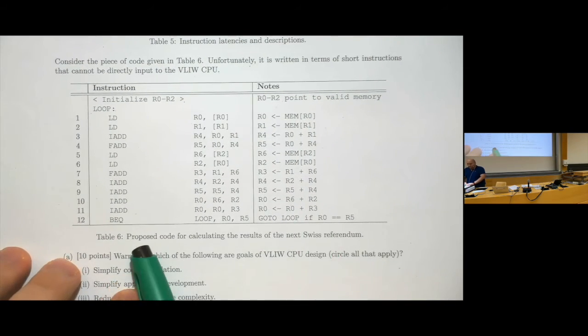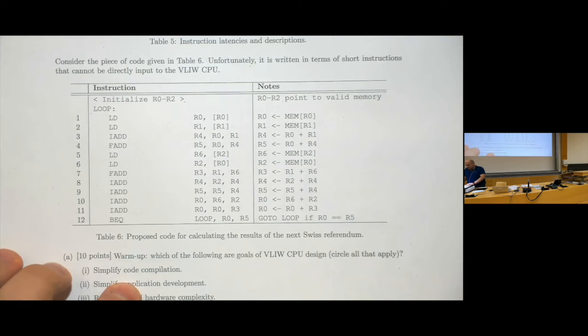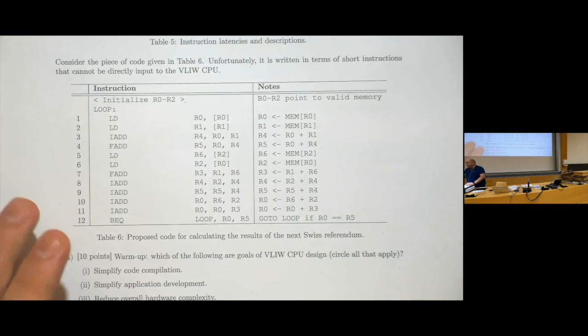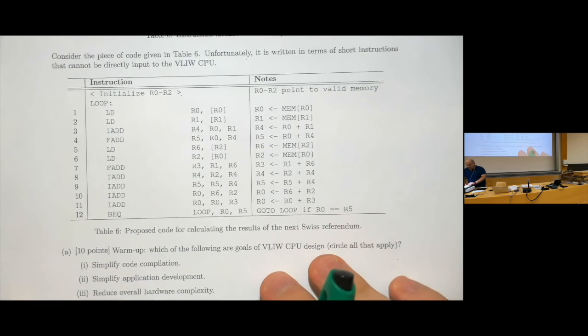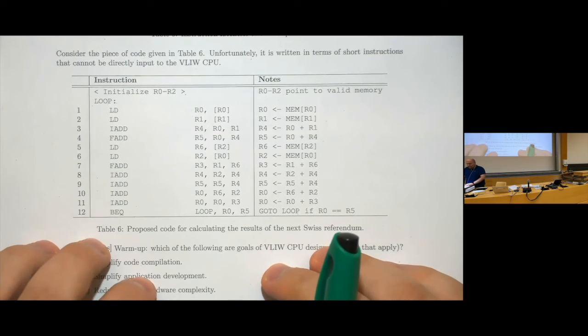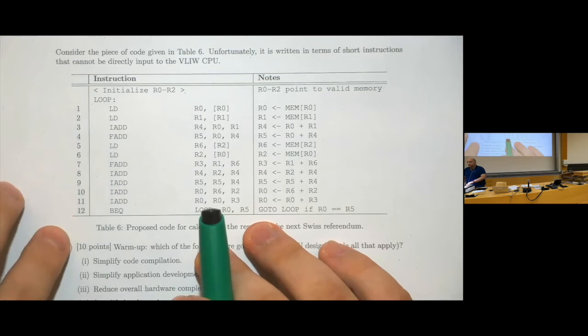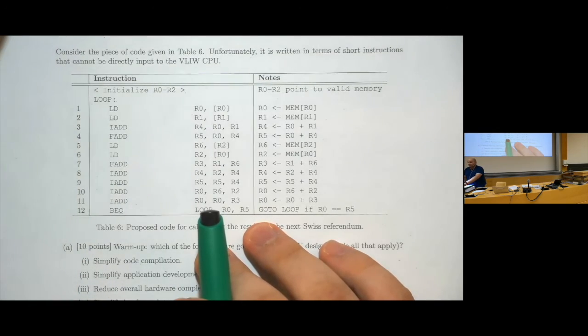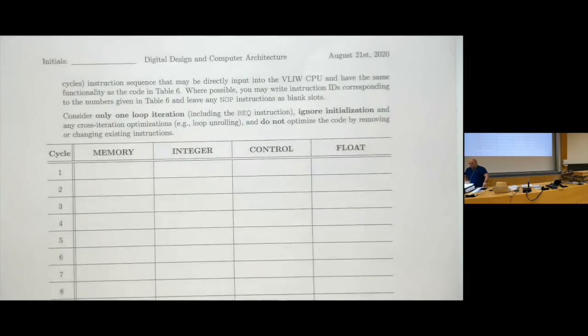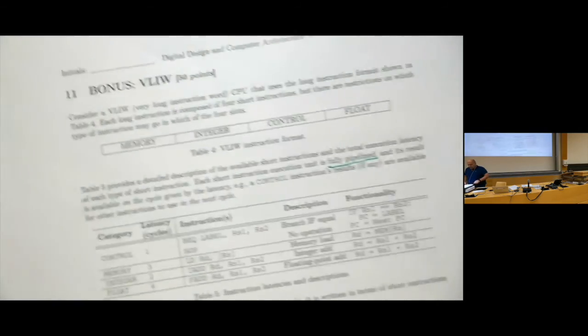So here we have table 6, which you can see is the proposed code for calculating the results of the next Swiss referendum. We're not really concerned about that, but our task is going to be to map each of these from 1 to 12 into basically the instructions that are scheduled in the VLIW machine.